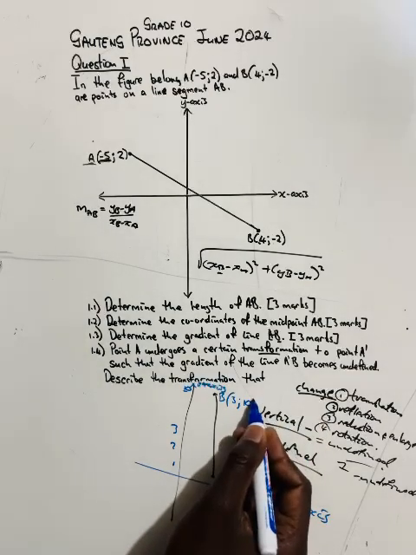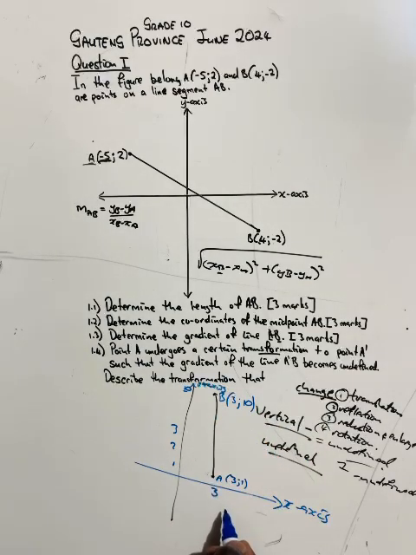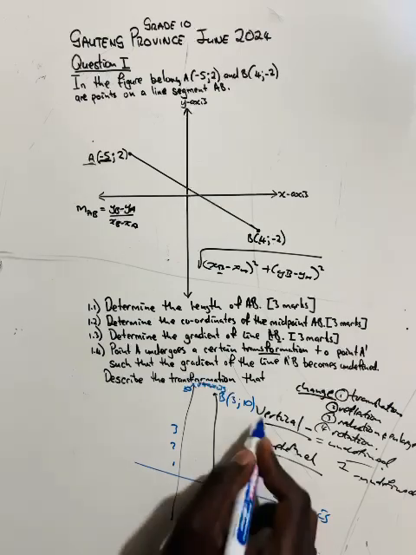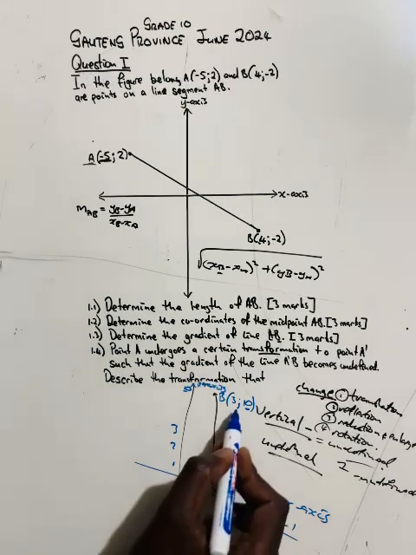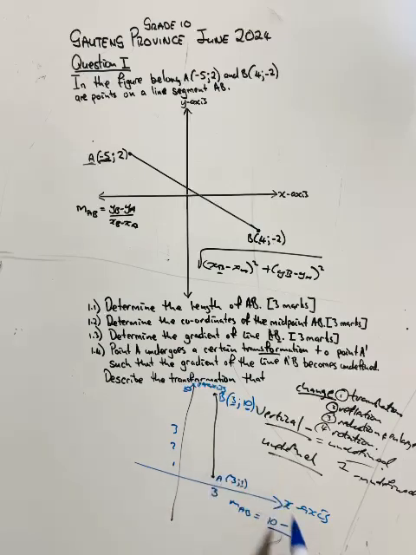If I wanted the gradient of line AB, it is equal to my y at point B, 10, minus my y at point A, 1, all over my x at point B, 3, minus my x at point A, 3. 10 minus 1 gives me 9, over 3 minus 3 gives me 0. So I would have 9 over 0. Therefore, it would be undefined.